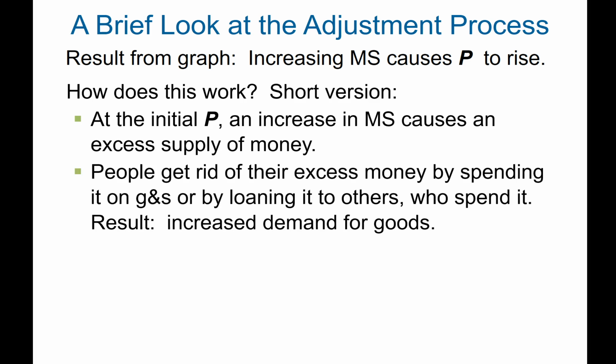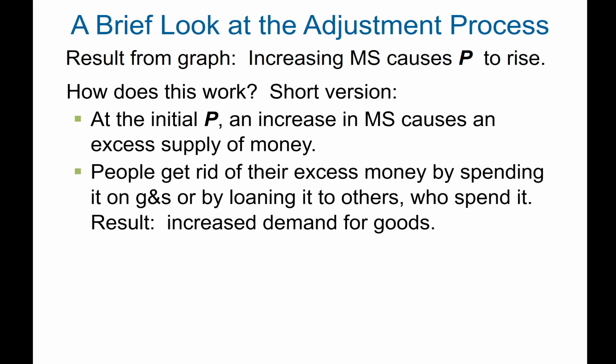That surplus is going to be a market disequilibrium condition. And markets, in order to adjust and clear disequilibrium conditions, find ways to adjust the price when there's a surplus. So in this case, people are going to get rid of their excess money. They've got a surplus, and so they're going to spend it on goods and services or make it available to others to loan, who then spend it.